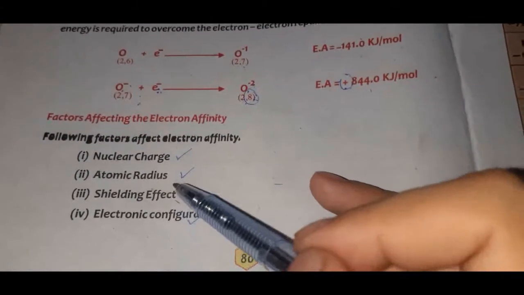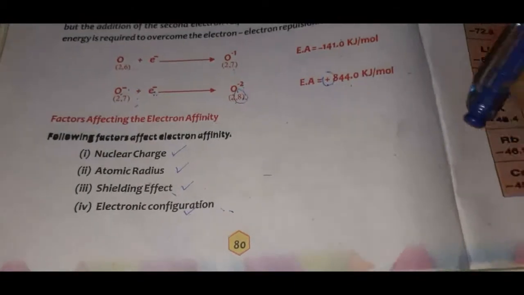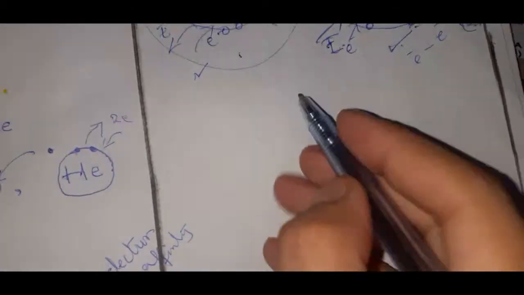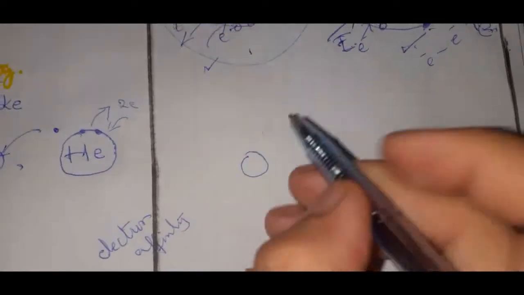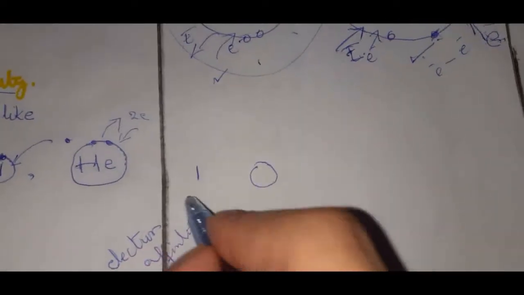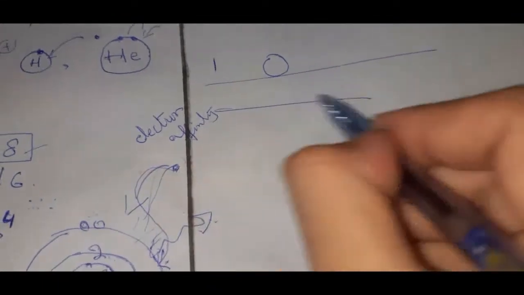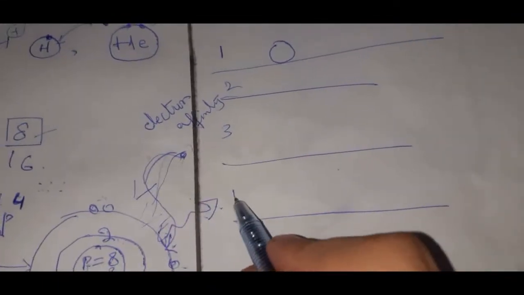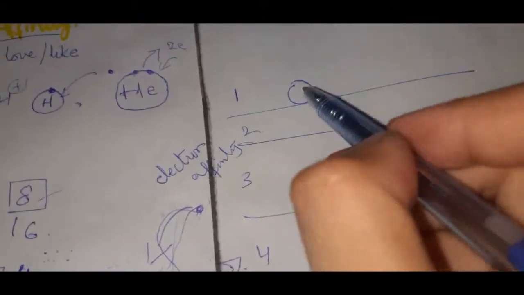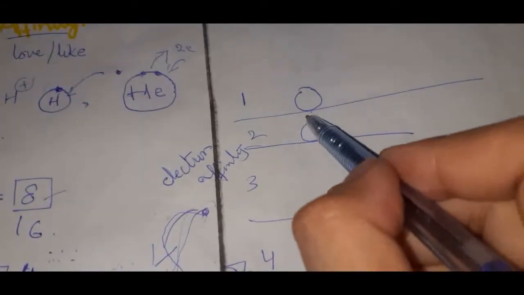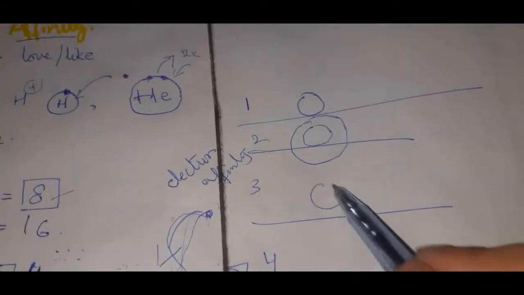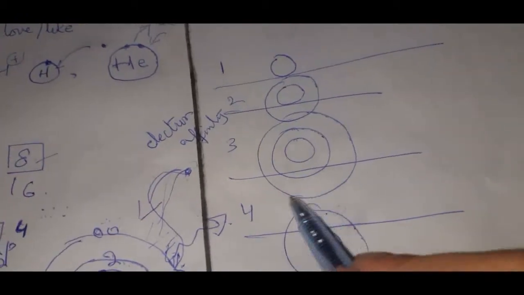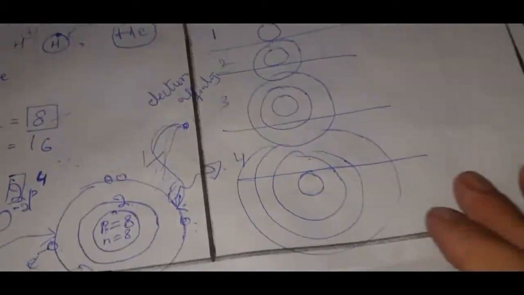Shielding effect means the presence of more shells over here. Look here, what is shielding effect? For example, we have shells. This is period 1, period 2, period 3, and this is your period 4. So in period 1 there is only 1 shell, whereas in period 2 there are 2 shells. In period 3 there are 3 shells. In period 4 there are 4 shells.